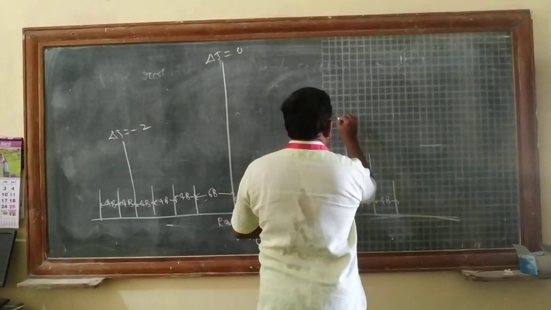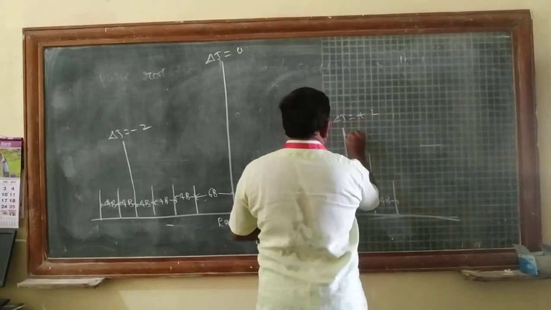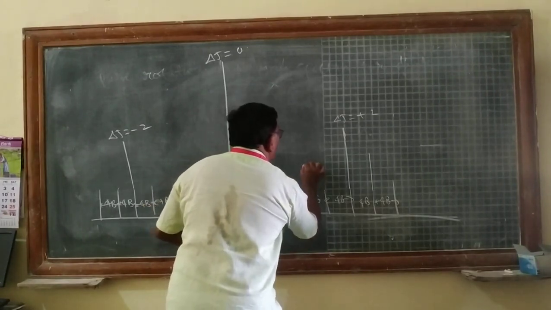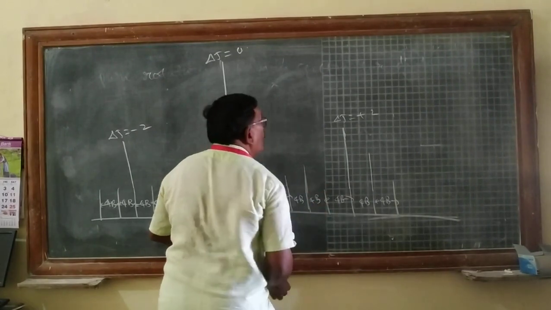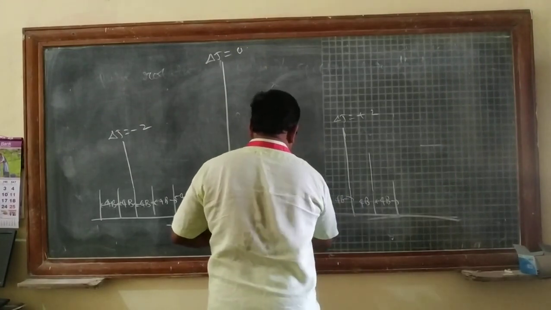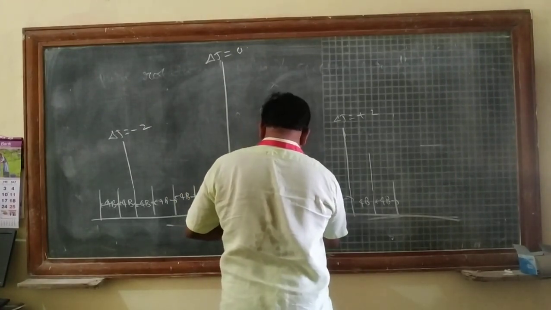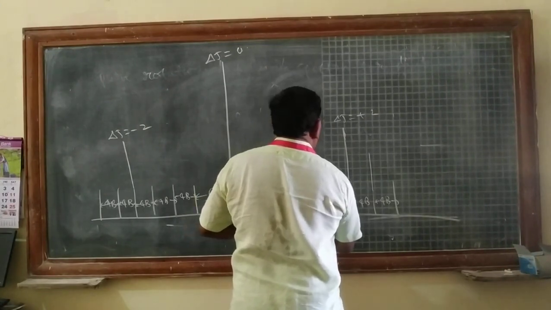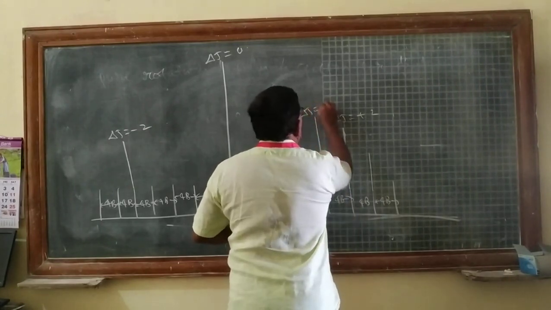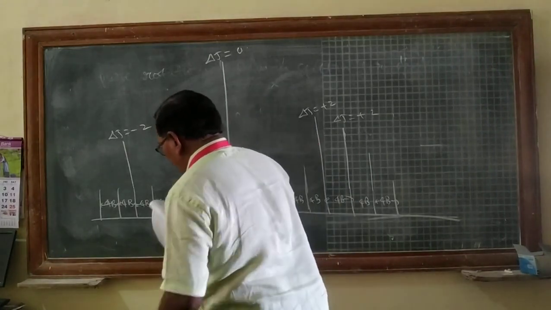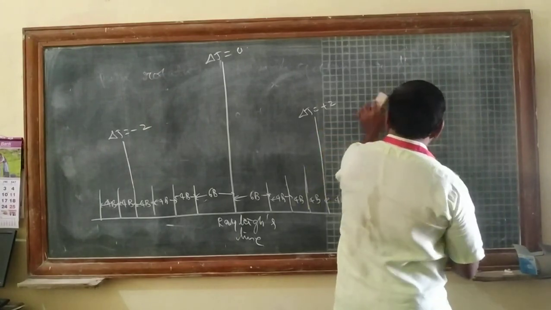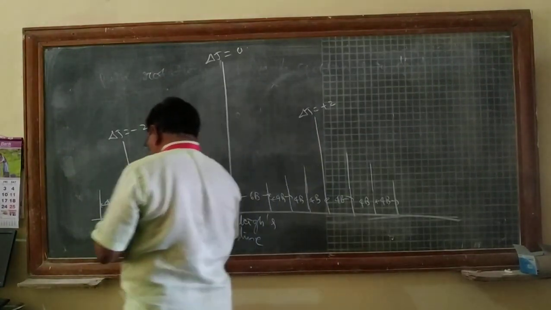This is what is called delta J is equal to plus 2.